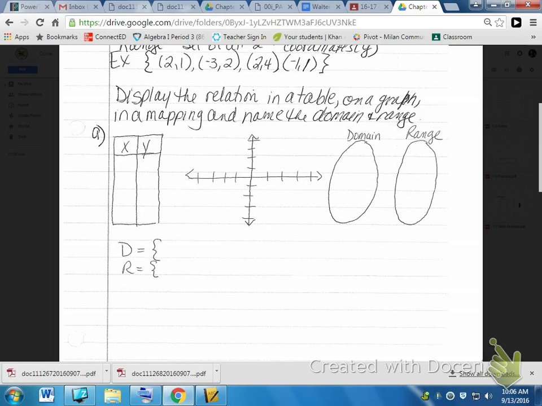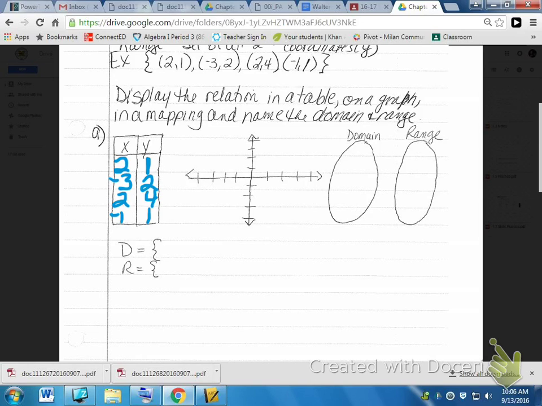So (2, 1), you would put that in the table as 2 under the x and 1 under the y. Negative 3, 2; 2, 4; negative 1, 1. So we have completed a table with that relation.